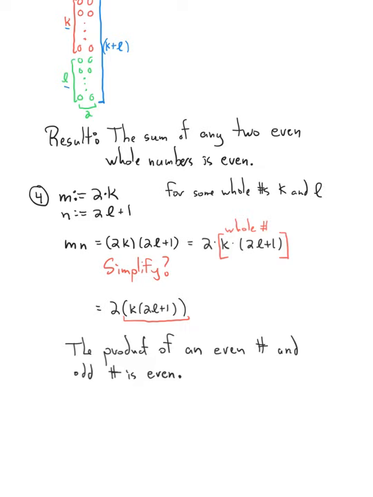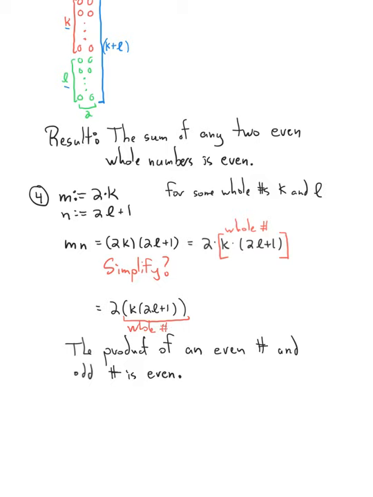So if we're ever able to write a number as 2 times some other whole number, and we note that, well, if we take 2 times a whole number plus 1, we still get a whole number. And then if we multiply that by a whole number, we still get a whole number. So everything is nice there. So this expression in red is indeed a whole number.